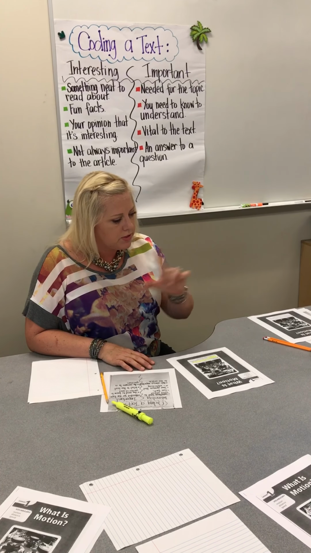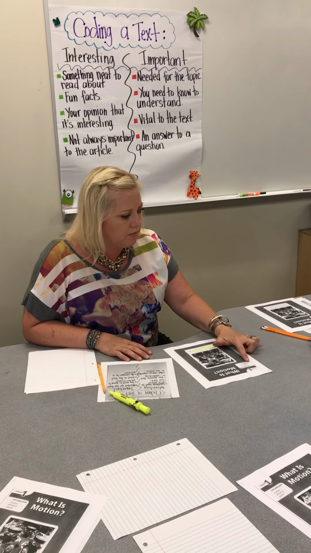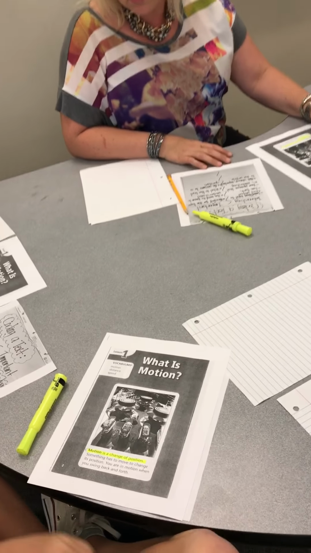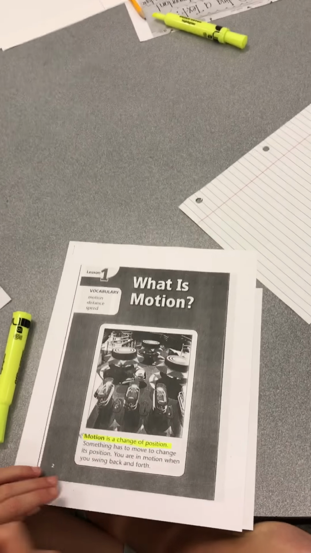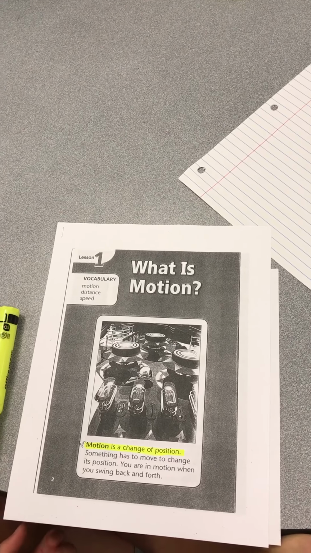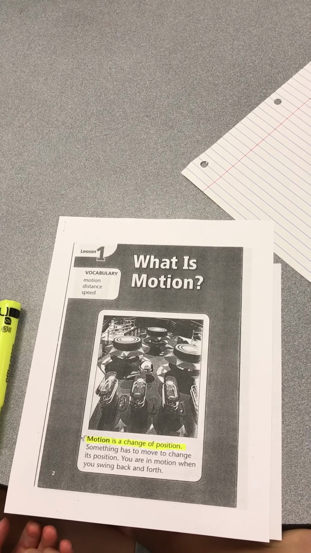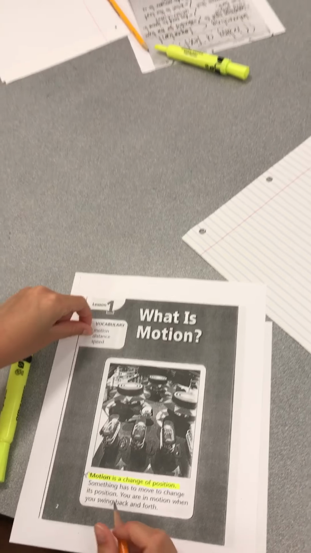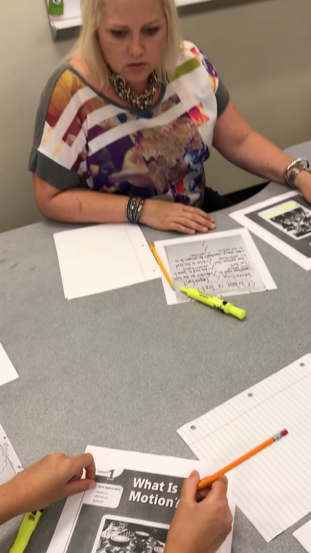So before we turn, let's look at the text feature above, underneath the one that says vocabulary. Can you read those words for me, Ava? Motion, distance, and speed. Why do you think those words are a part of this first page that includes the definition of motion? Because it's like in a title. Okay.